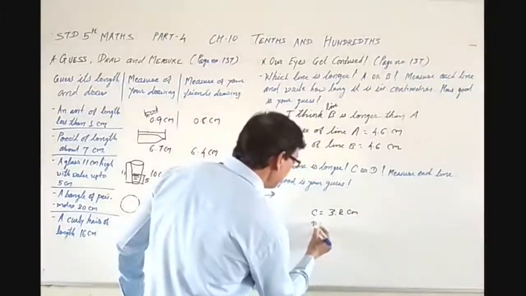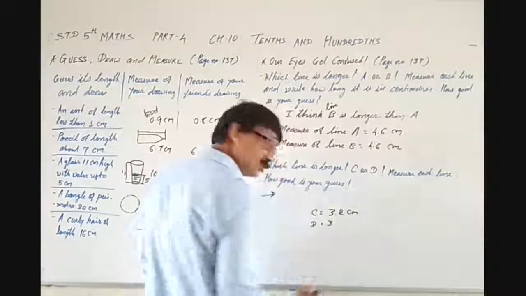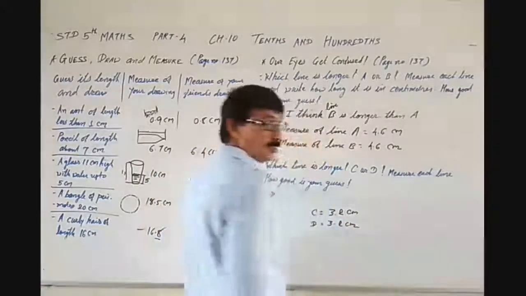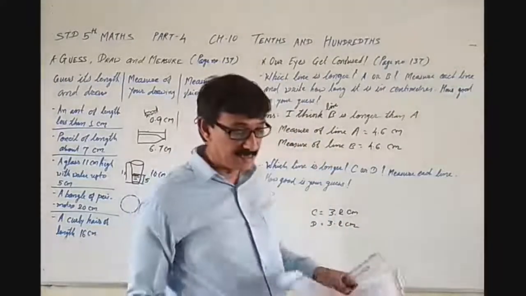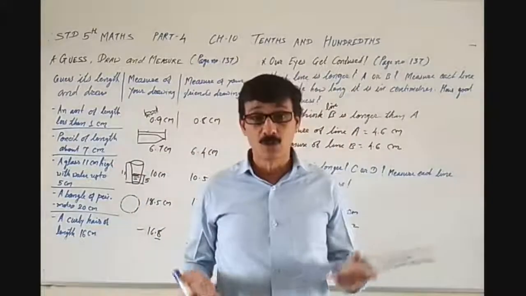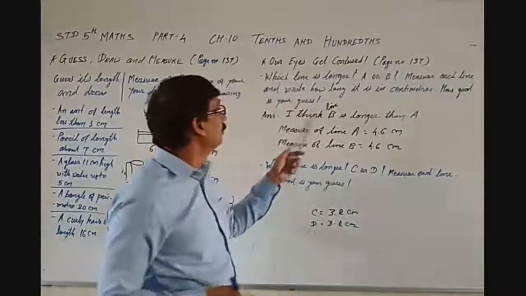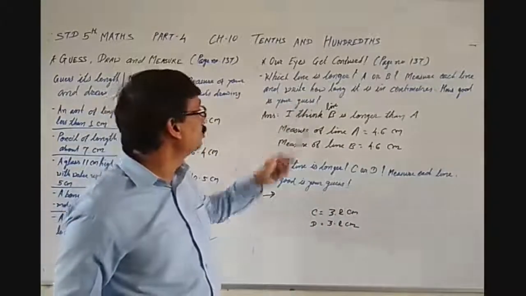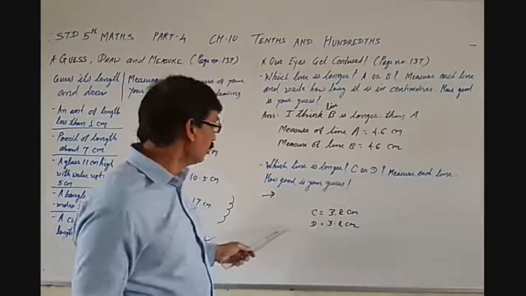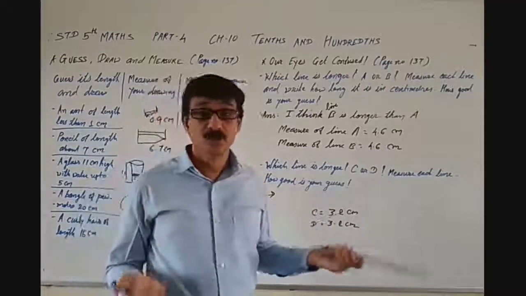And the measure of line D is also 3.2 centimeter. So the answer is, this time also I guessed wrong. And in this one also, you should answer how good your guess is. I guessed wrong. Here also, I guessed wrong.